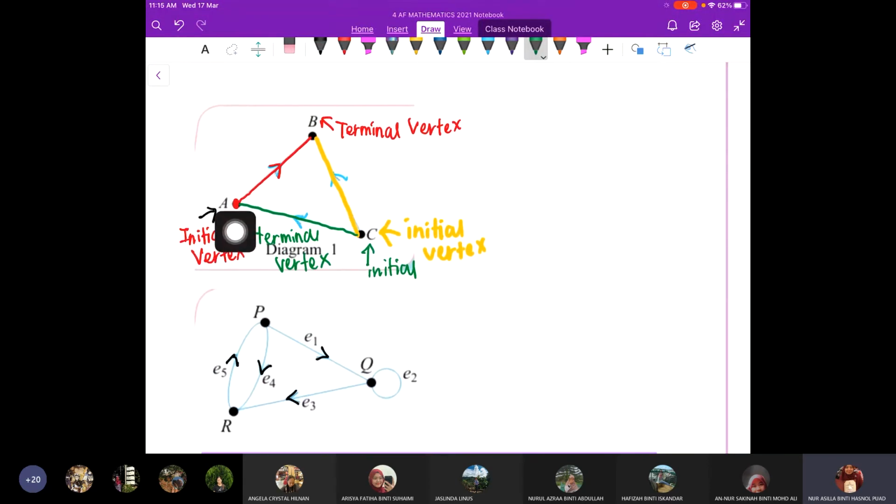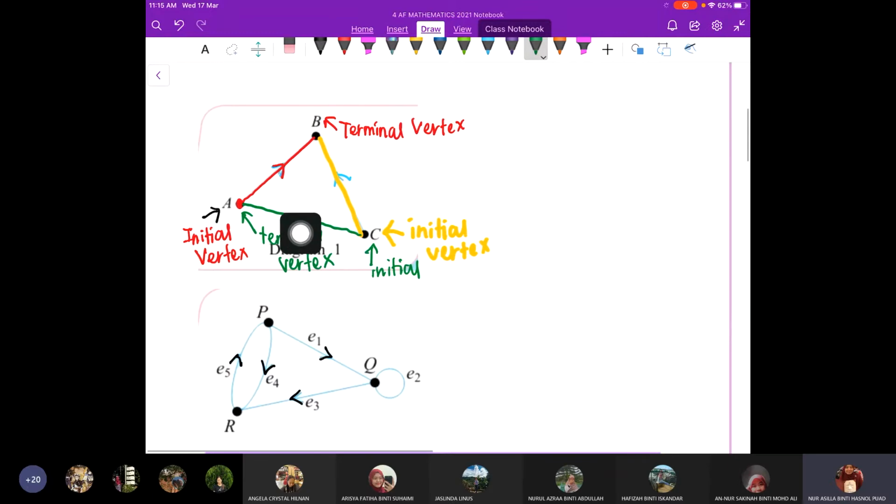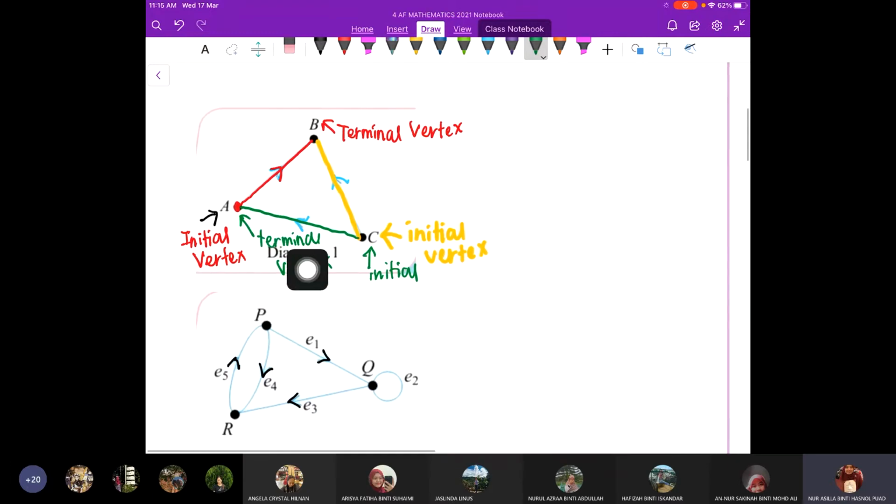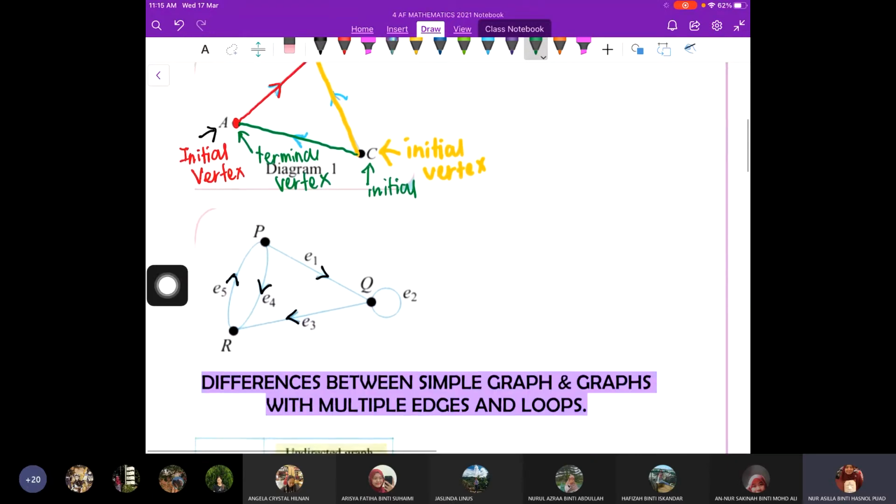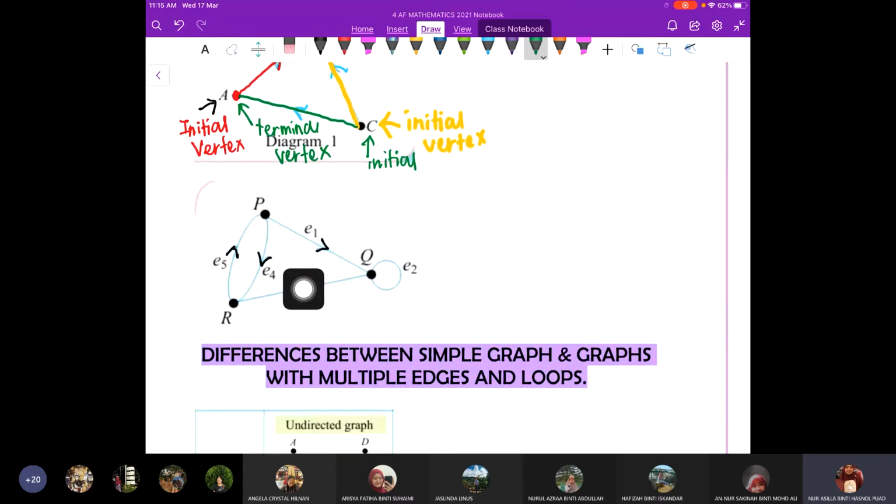But A can be either initial or terminal. Okay, sebab dia punya edges ada satu yang keluar, ada satu yang masuk. Okay, alright, so terminal and initial vertex ni akan berbeza according to edges.